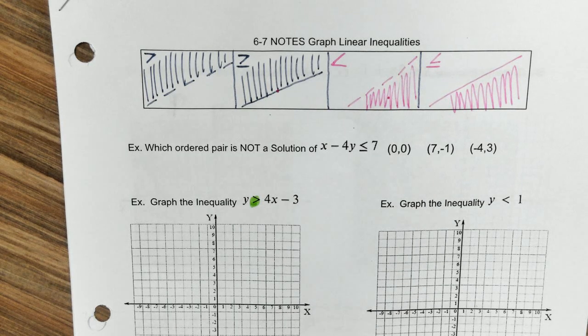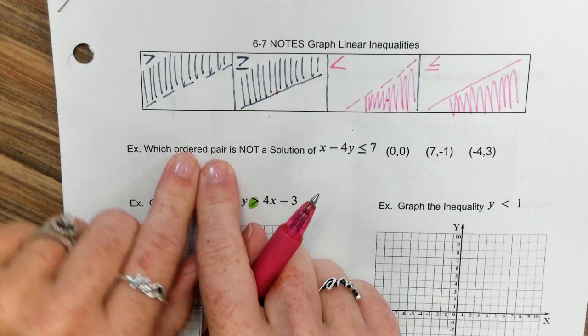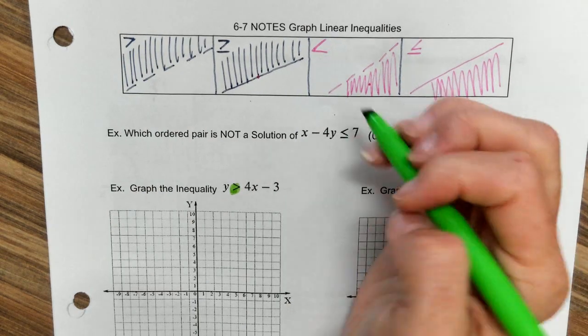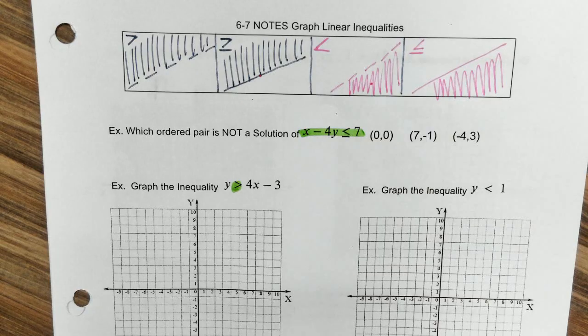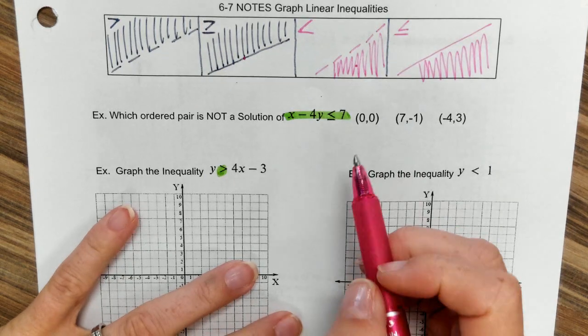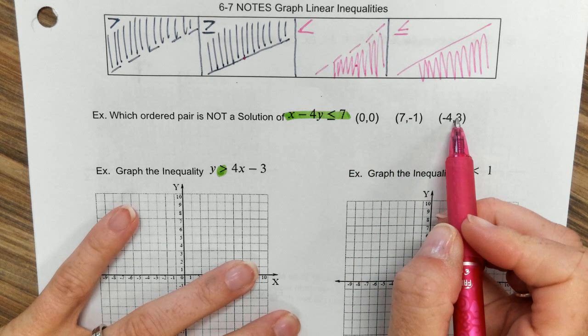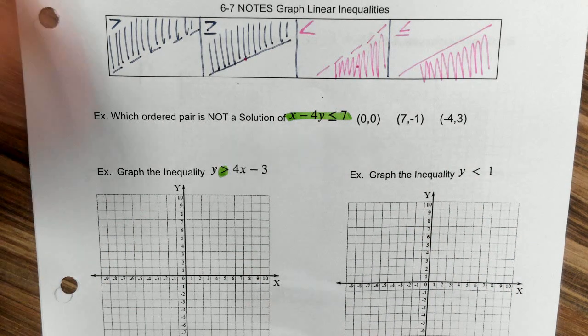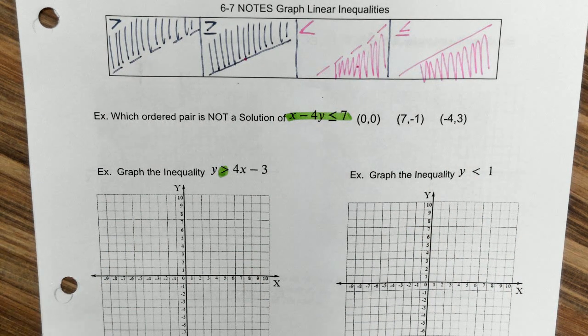Now, what if you don't have a graph to answer that? What if you have a problem like this? It says you have an inequality right here, and it wants to know which of these ordered pairs is a solution and which one is not. Who can tell me how we could figure this out without graphing it? Yes, sir. Perfect.